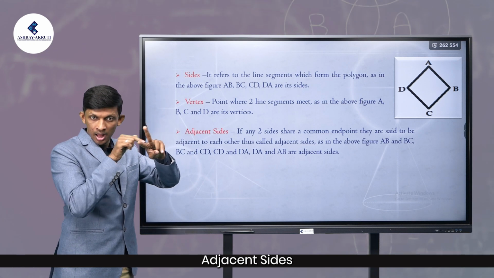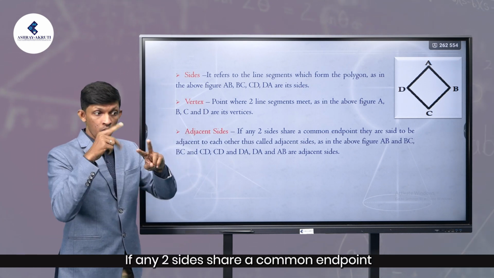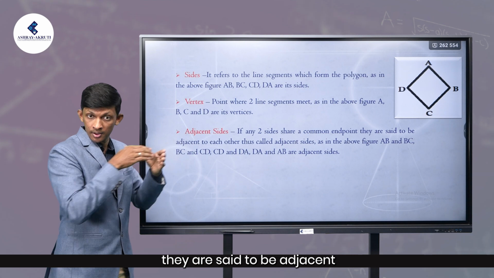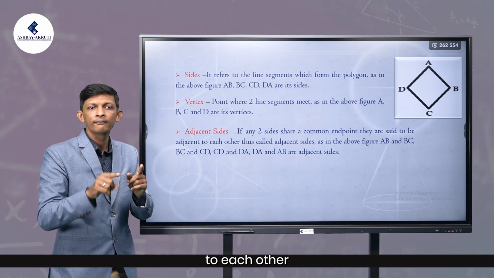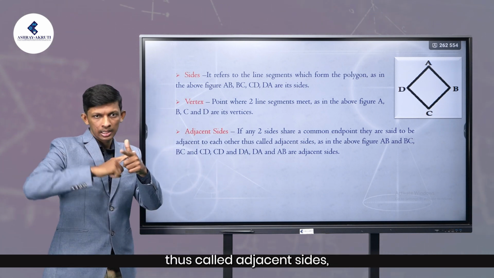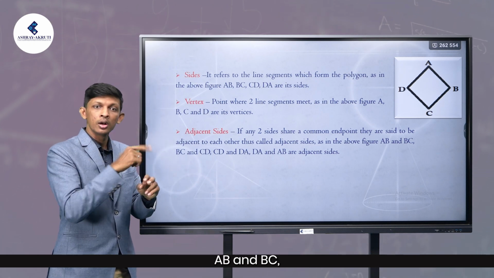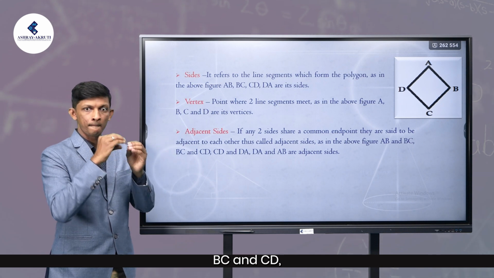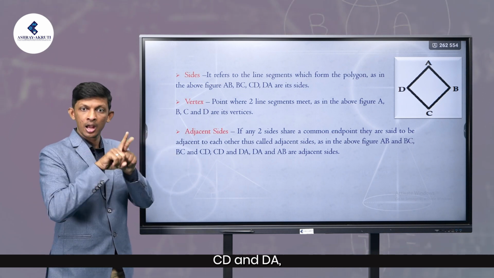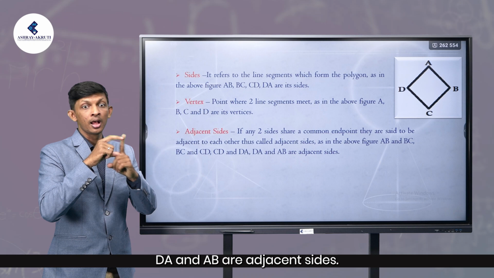Adjacent sides. If any two sides share a common endpoint, they are said to be adjacent to each other, thus called adjacent sides, as in the above figure. AB and BC, BC and CD, CD and DA, DA and AB are adjacent sides.